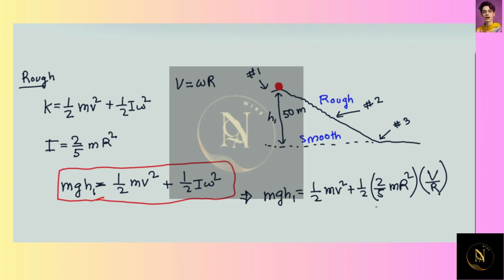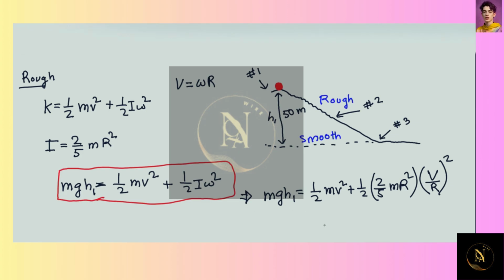Now our equation only has v, m, and r. But there's a square here, so we can get rid of r as well. This equation only has v and m components, which is easier to handle than having four different parameters.